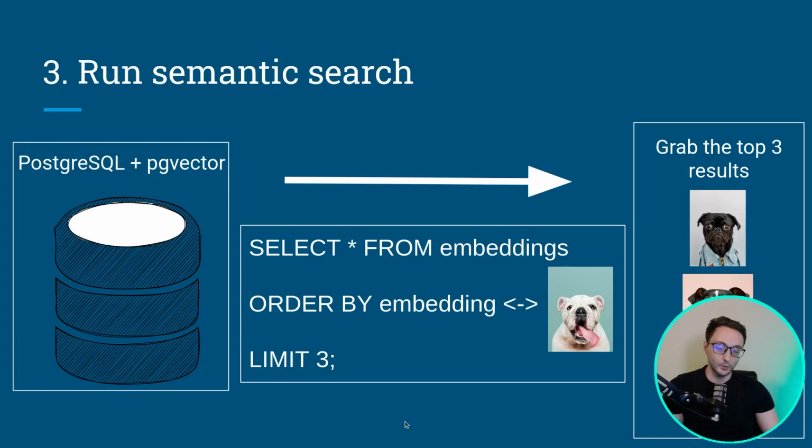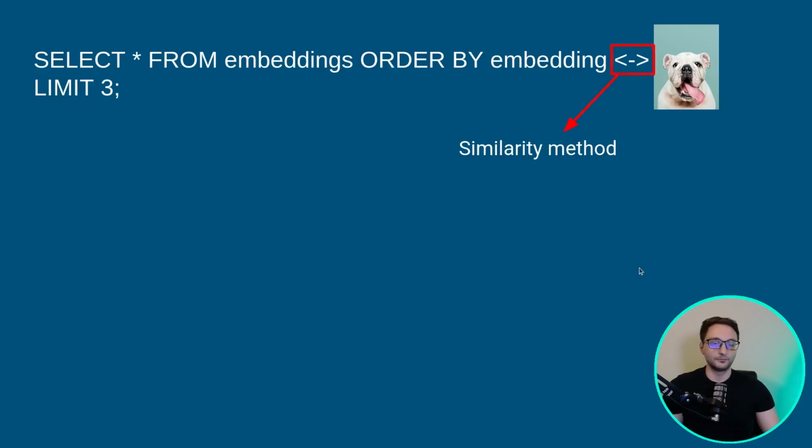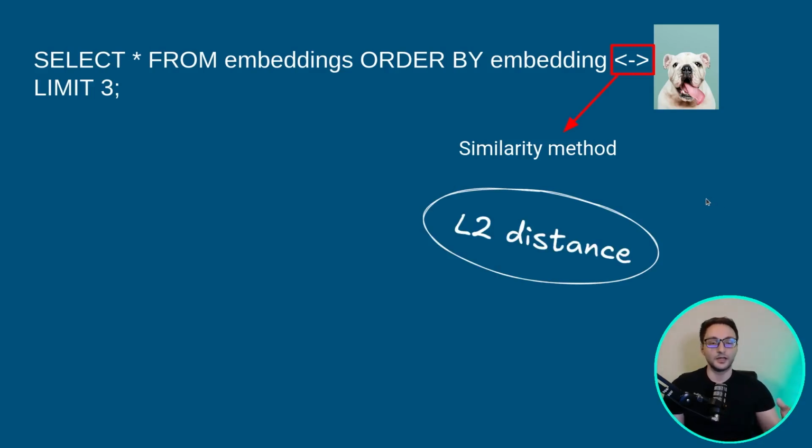So let's quickly explain this query. If we look at this query, the first thing that you might not be familiar with is this operator. This is the operator that PG Vector gives you. It's not part of vanilla Postgres. So you can only use this operator and other similarity methods if you install PG Vector. And this is going to calculate the L2 distance. L2 distance is a similarity method, or a way to calculate the distance between 2 vectors.